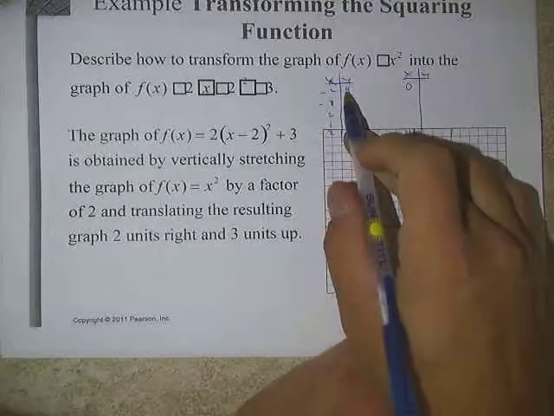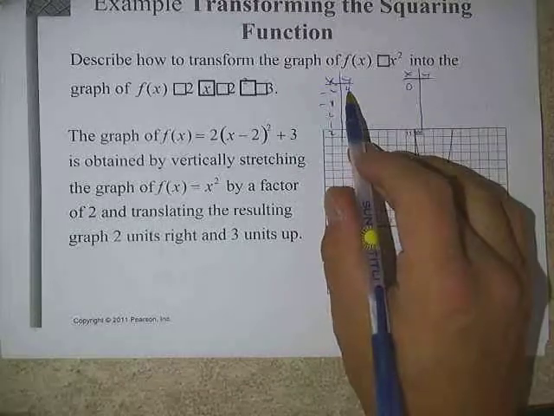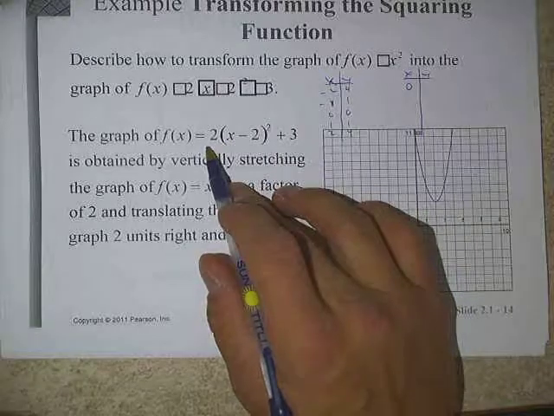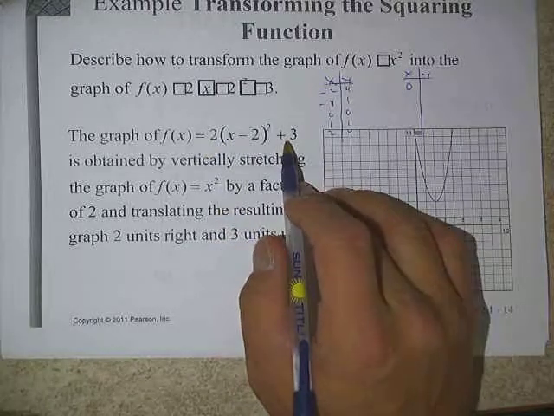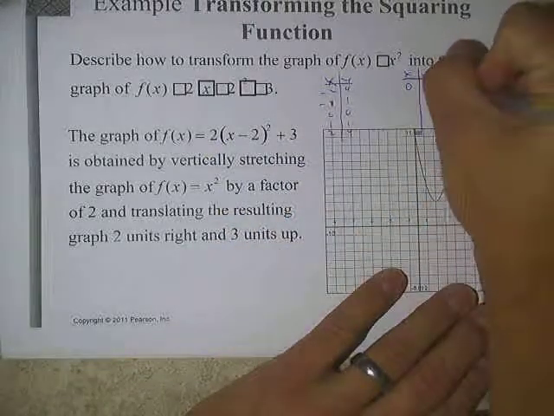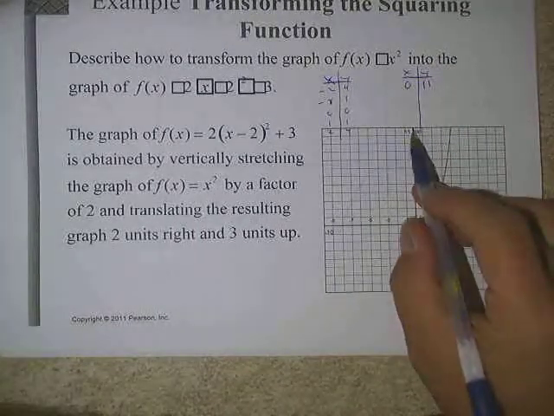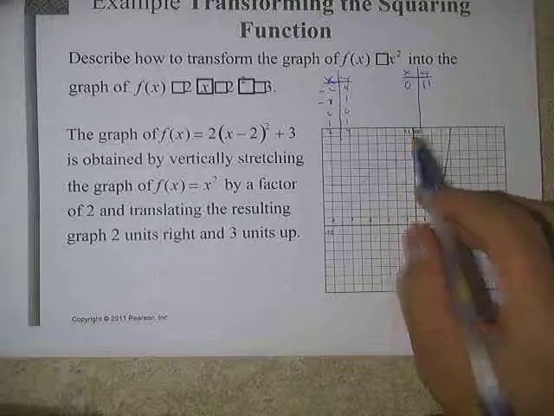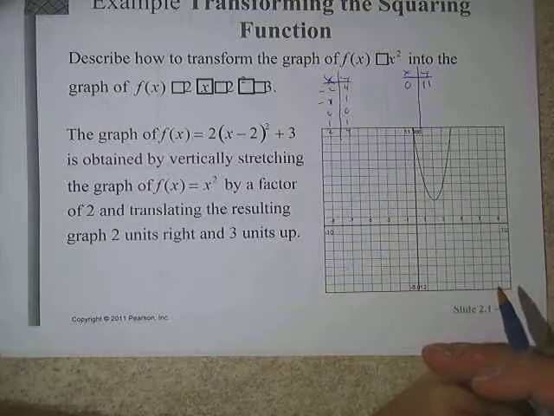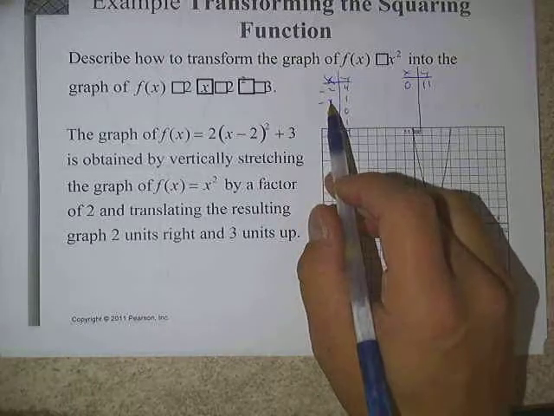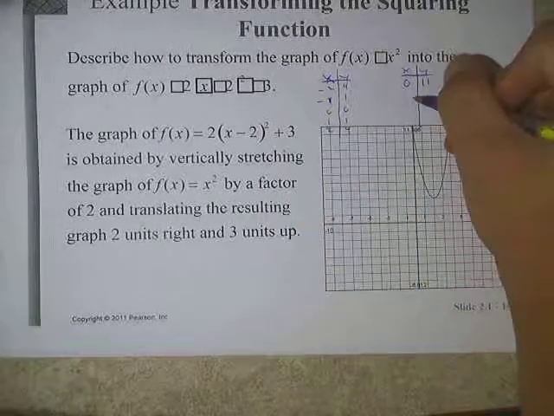If this is a vertical situation, then there's really nothing else that happens to the x. So that -2 would become a 0. What about the 4 though? If I do a vertical stretch on the 4, it's going to become 4 times 2, which is 8, and then 8 plus 3 would give me 11. So 0, 11 would be a point, and guess what? Look where my point is here, 0, 11. That's that corresponding point, isn't it?